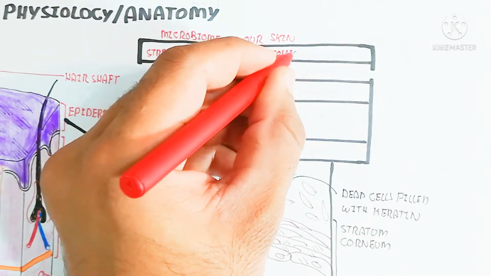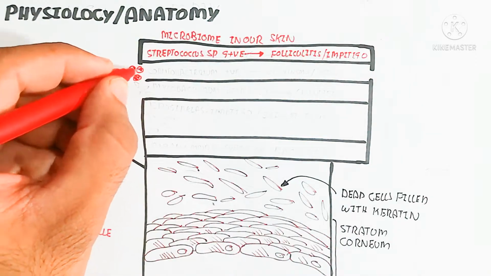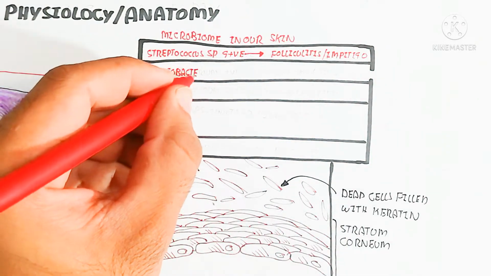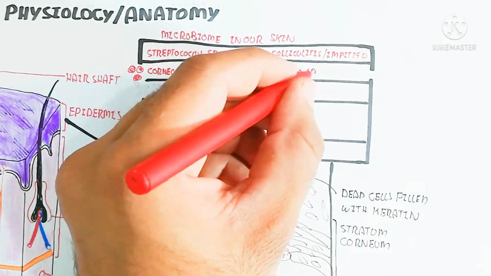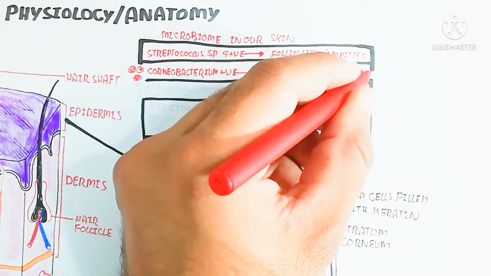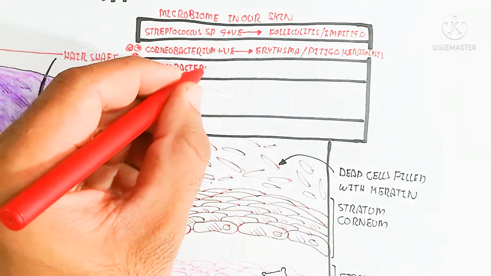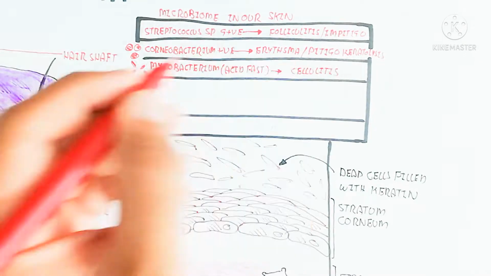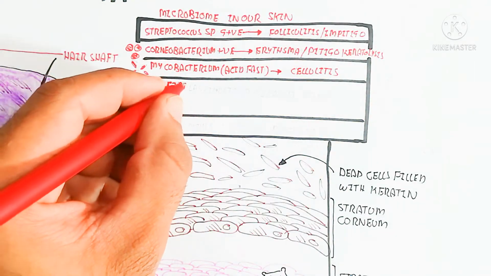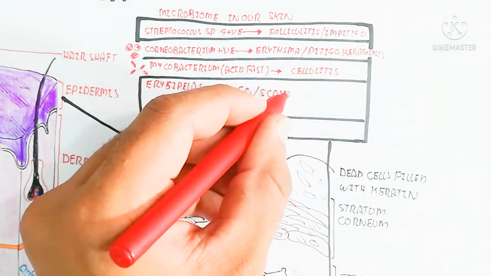On the other hand, Corynebacterium, which is gram positive, causes erythema and also keratolysis. And Mycobacterium, an acid fast bacteria, which causes cellulitis. That is one of the best examples of disease caused by these bacteria.